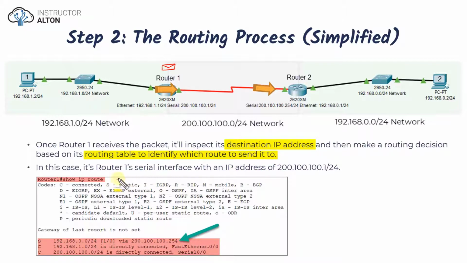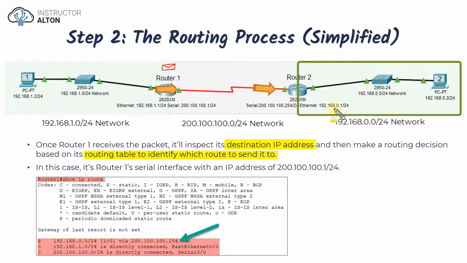So what I've done on this Cisco router is I've run a show ip route command to show the routing table. And what we need to figure out is how to get over to this 192.168.0.0 network.